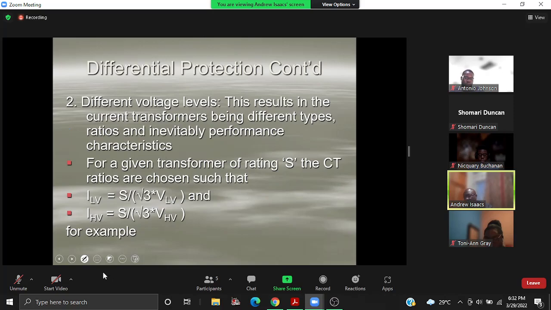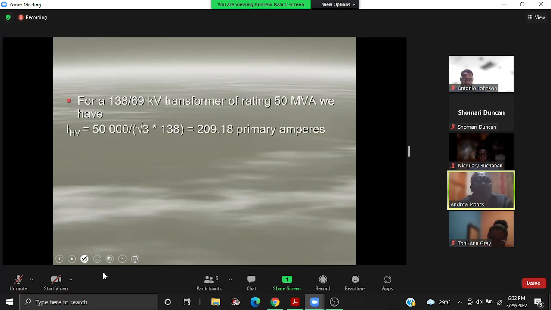To better understand what we are saying here, we have a 138/69 kV transformer and the MVA rating is 50. So the current on the high voltage side would be 50 over root 3 times 138. So we get 209 amperes.